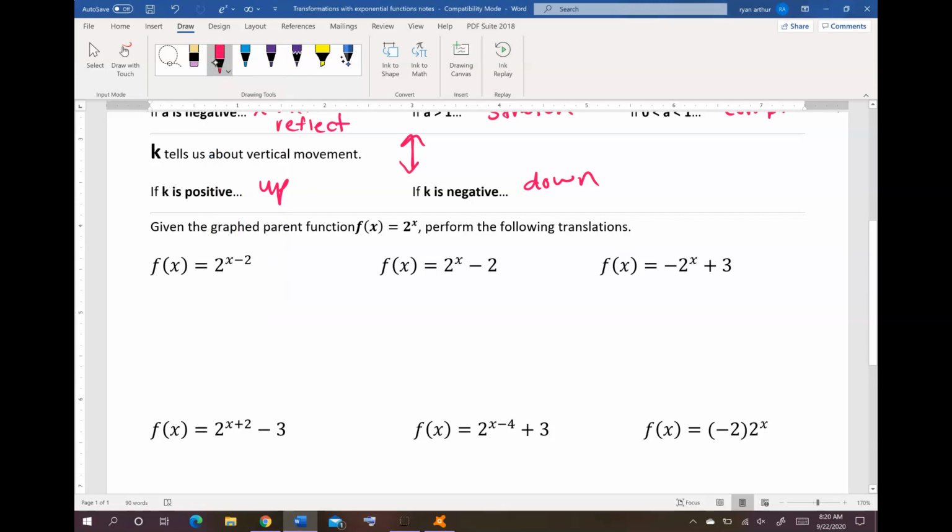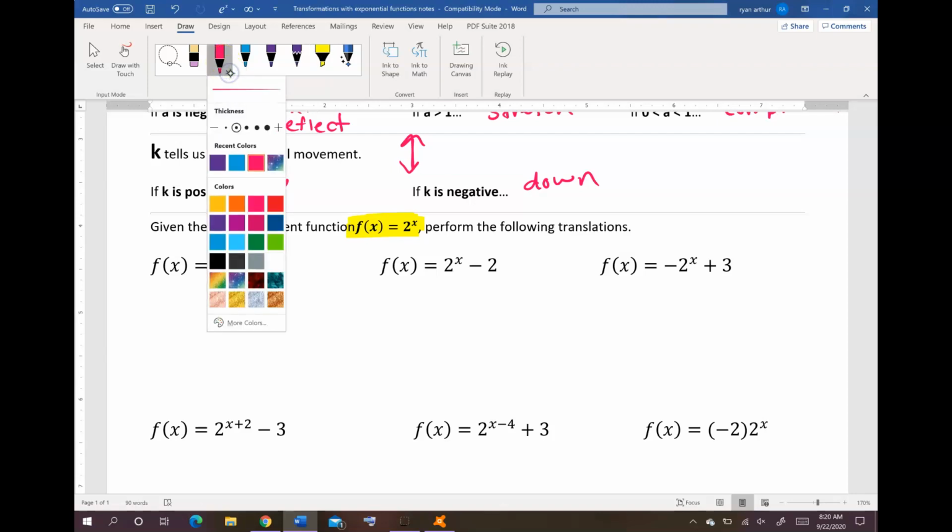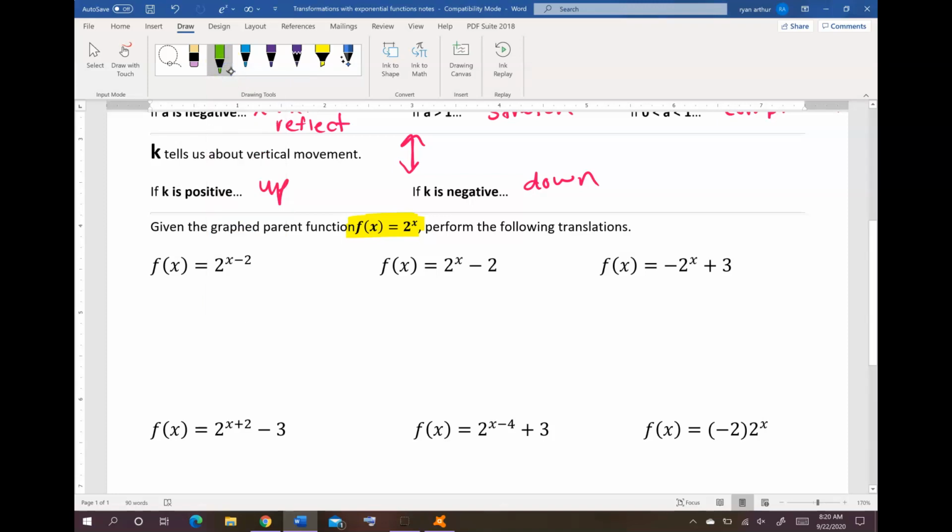Anything that is not the parent function, and it tells me that my parent function is this, so anything that is not a 2 to the x is a transformation that has been made. So when I look at this first one, this 2 to the x is your parent function. So this minus 2 up here is a transformation.